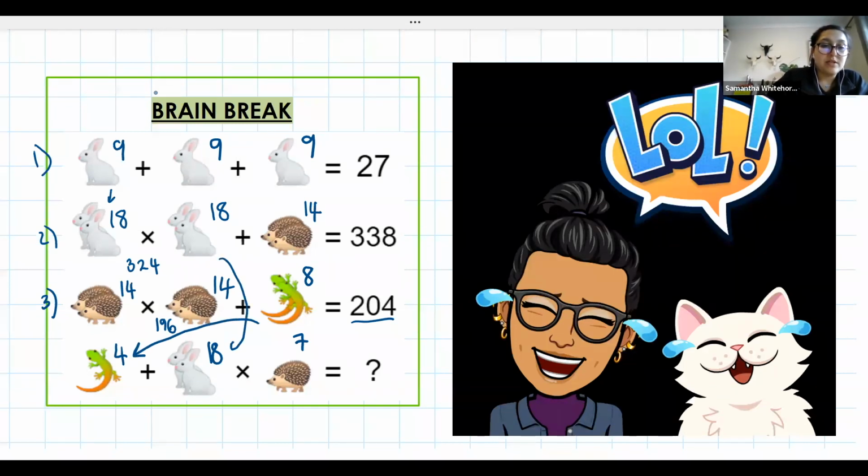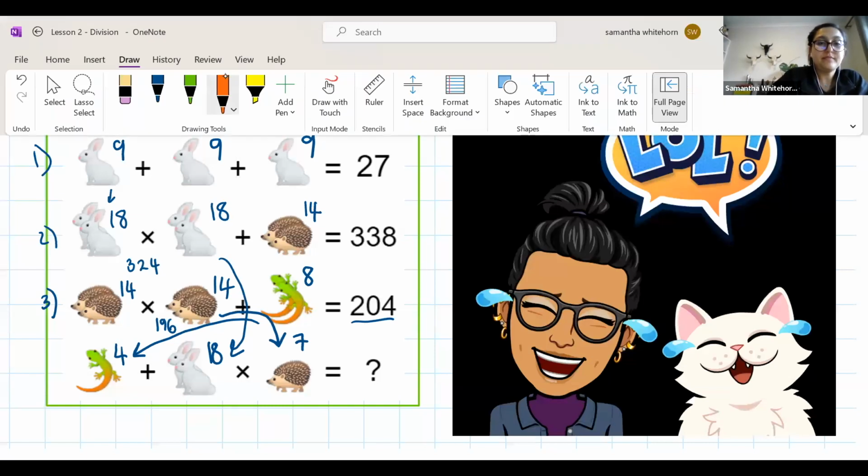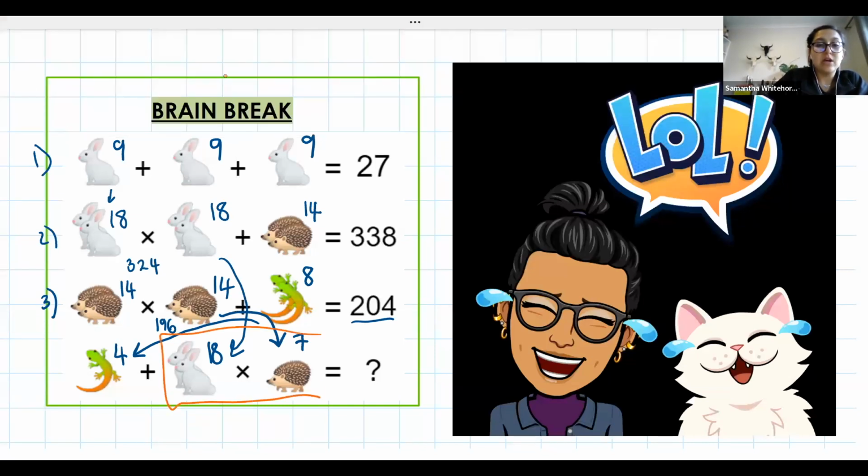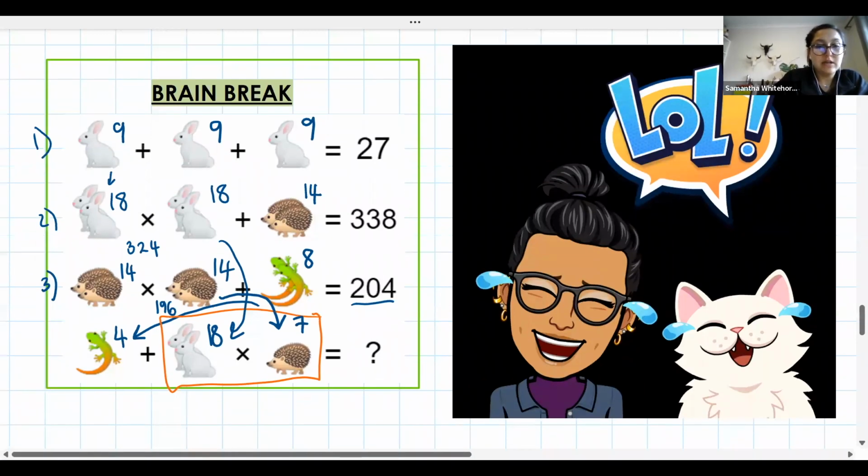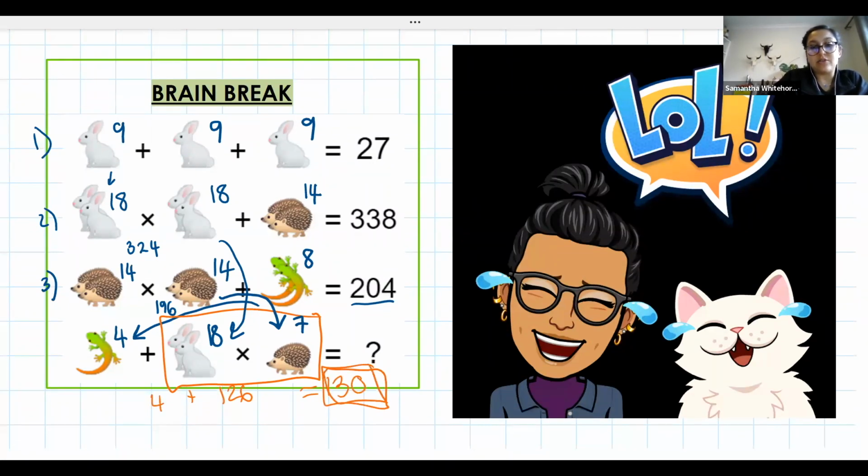The 2 rabbits we know is 18. And if 2 porcupines is 14, 1 is 7. And so now again, we do BODMAS. We need to do the 18 times 7 first. That gives me 126. And then we add the 4. And that gave me my final answer of 130.